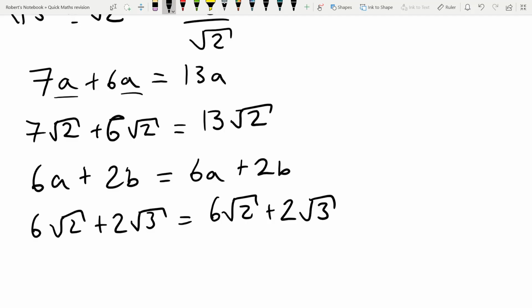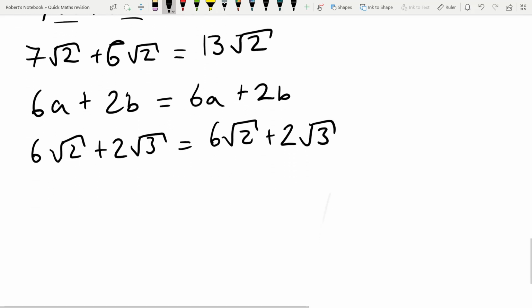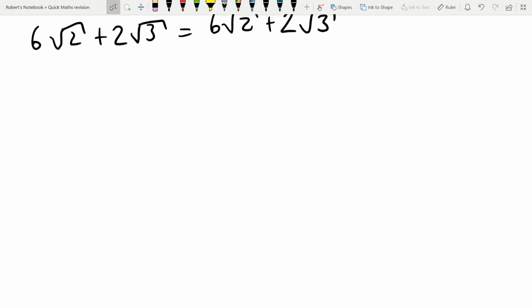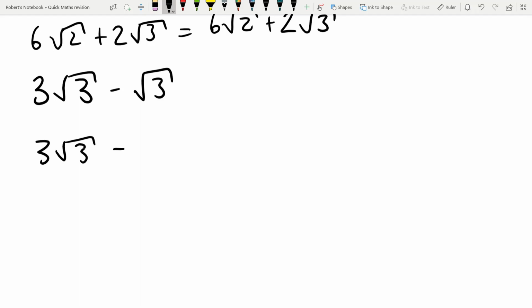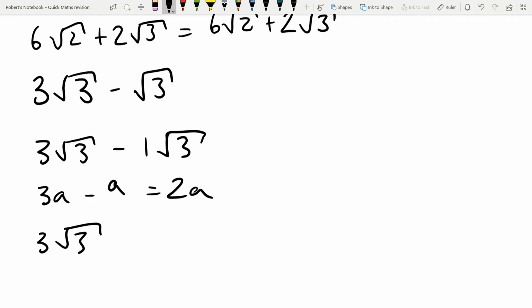And this logic works exactly the same for subtraction. So I'll just give a more interesting example. So if you had 3 root 3 minus root 3, this is the same as 3 root 3 minus 1 root 3, which if you then thought of that as 3a minus a, you'd get 2a, which means that our answer is then 2 root 3.